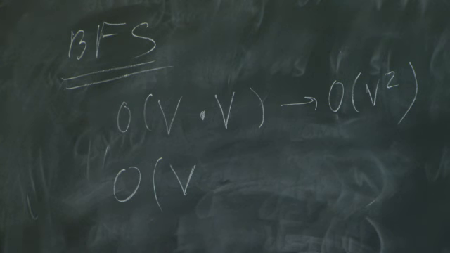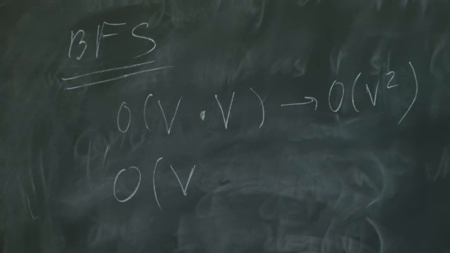OK, so for every node, I go through the neighbors and I do something to them. I check if they're in seen, and if not, I add them to the list. So for every node, the work is? Its degree. Yep.